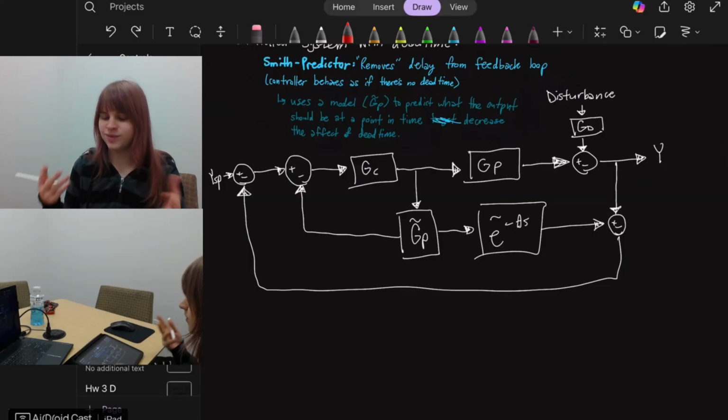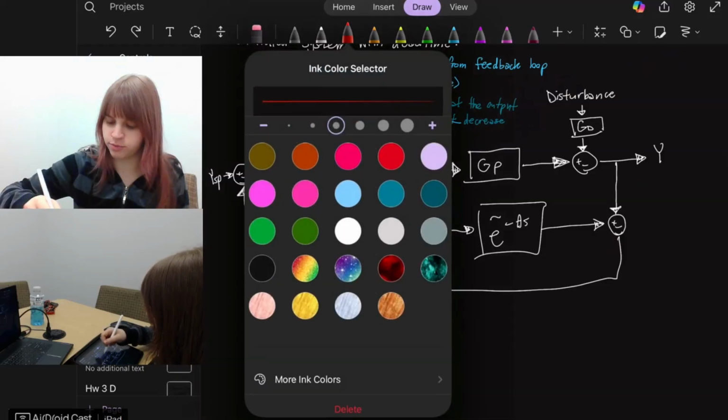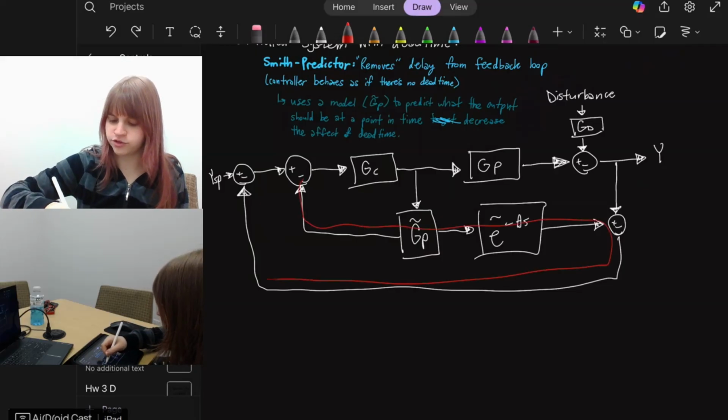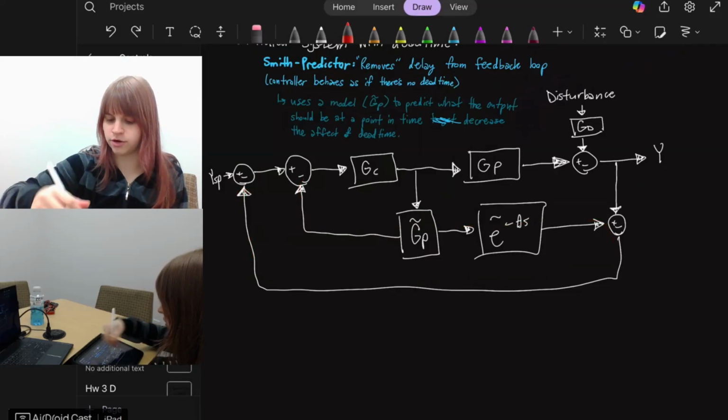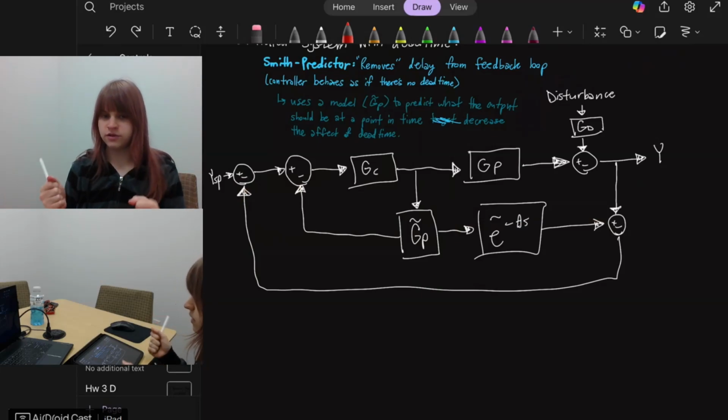So this would be a way around that. It would treat it as if there was no dead time, and it would have this Smith Predictor to compare to our output, or to our input, our set point, so that our car would be able to steer.